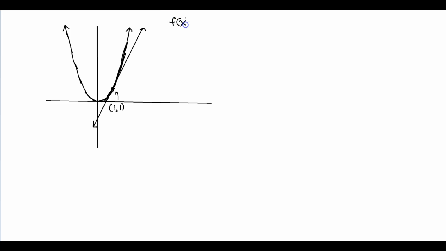So if f of x equals x squared, what is f of 1/2? What's an approximation for f of 1/2? You can easily calculate f of 1/2 to be 1/4, or 0.25. However, we're going to use our tangent line approximation.